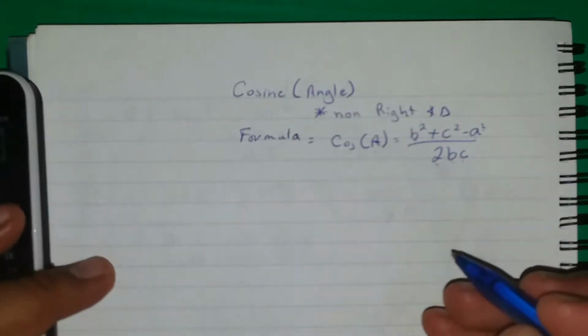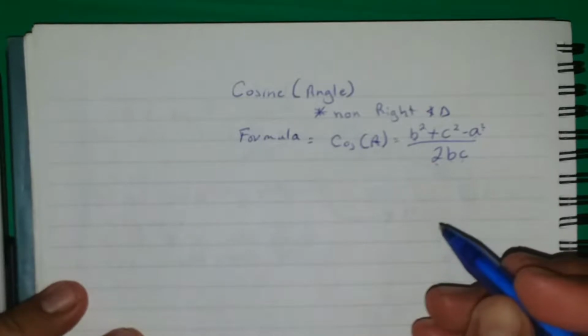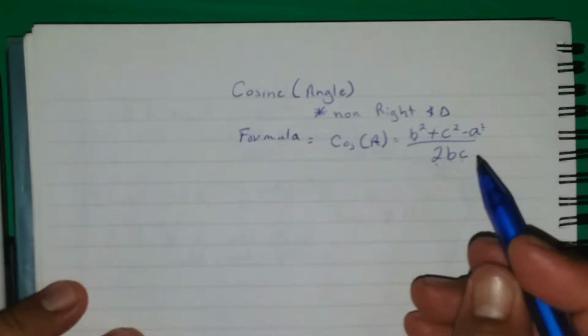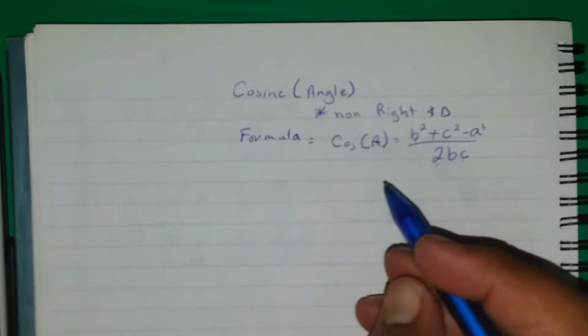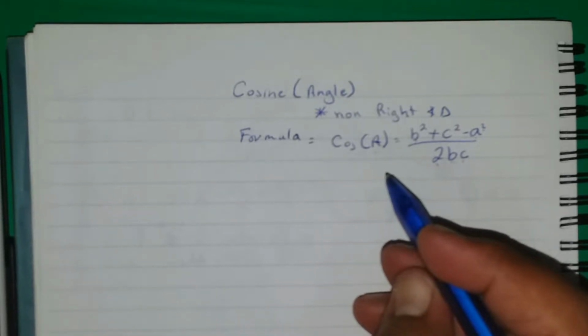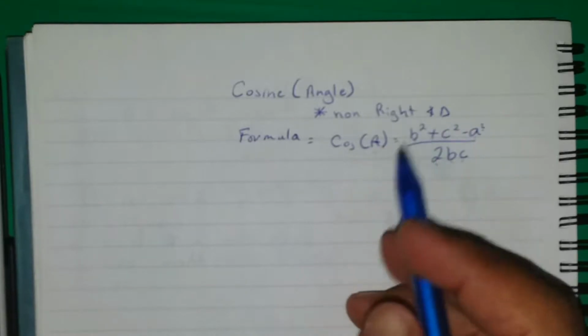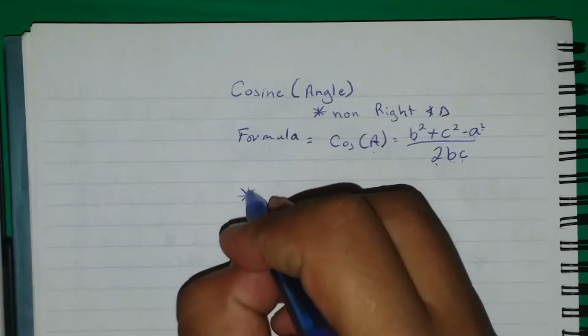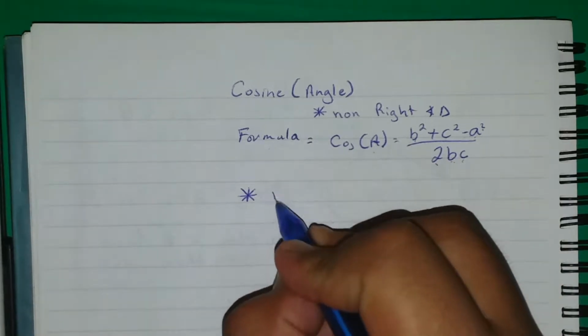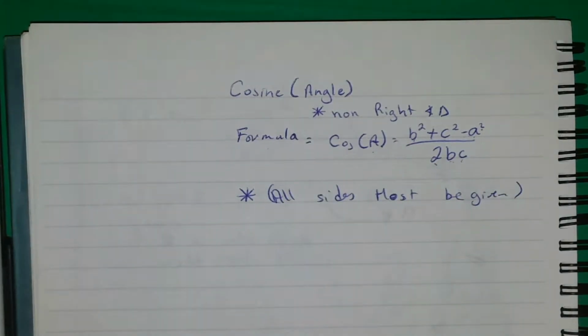Now when can we solve a triangle by cosine rule? In this case, since we're solving for an angle, what you have to notice from the triangle is that all sides must be given.